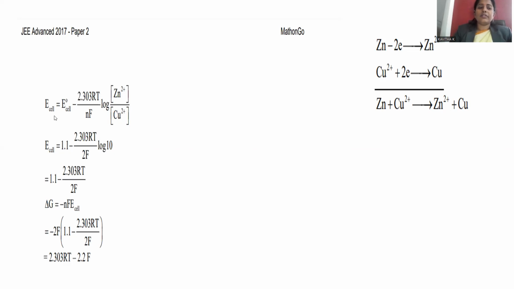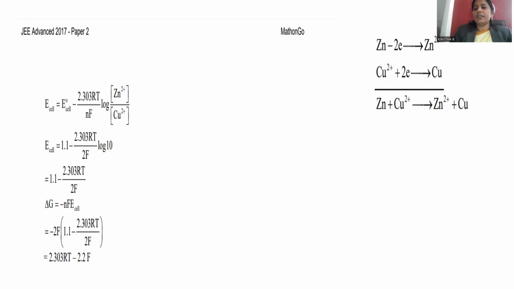Applying the Nernst equation, E cell is equal to the standard electrode potential of the cell minus 2.303 RT by nF log of product concentration by reactant concentration. Right, products we have Zn plus 2 and copper, reactants we have zinc and copper plus 2, but always only Zn plus 2 and copper plus 2 are taken as reactant and product, but not copper metal and zinc metal. Why? Because any metal added to water, will it show any concentration?